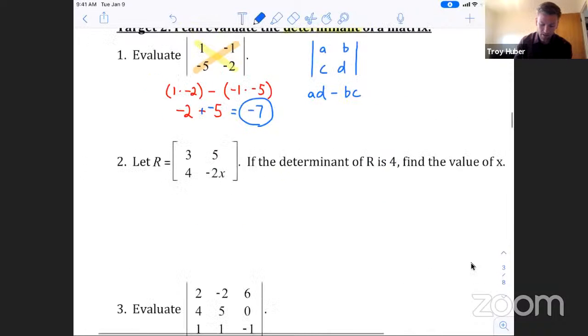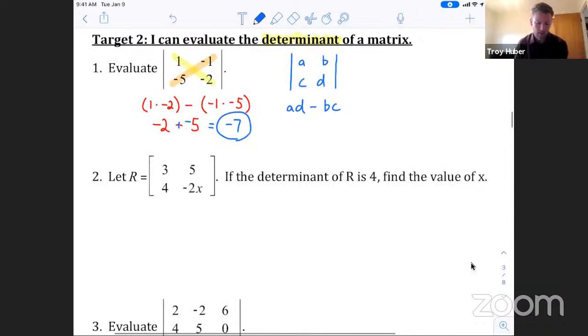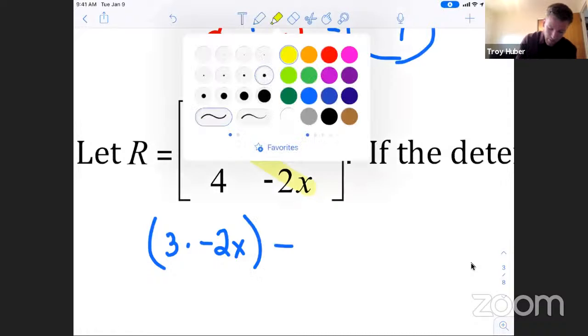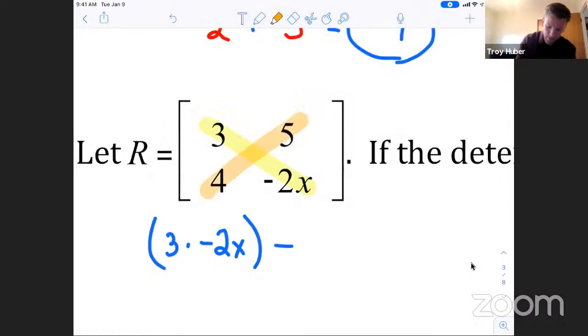So now let's look at this next one. It says let R equal this matrix here, and the determinant of R is 4. So all we would have to do is the same thing. I'm just going to multiply these two together, so that would be 3 times -2x, and then subtract these two multiplied together, so 5 times 4.